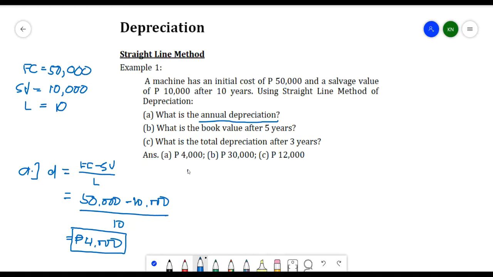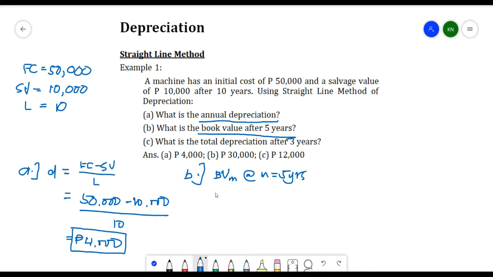Now let's move on to B. It says, what is the book value after 5 years? So we are looking for the book value after 5 years, meaning BVM where M is 5 years.